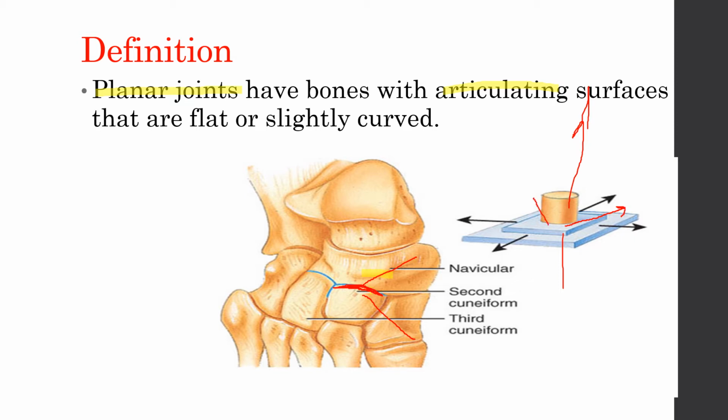This bone has slightly curved attaching surfaces and the downward bone has a slightly flat one. So this is the main property of the planar joint, and the reason for its name: the surfaces present along the joint will always be flat or plain or slightly curved.